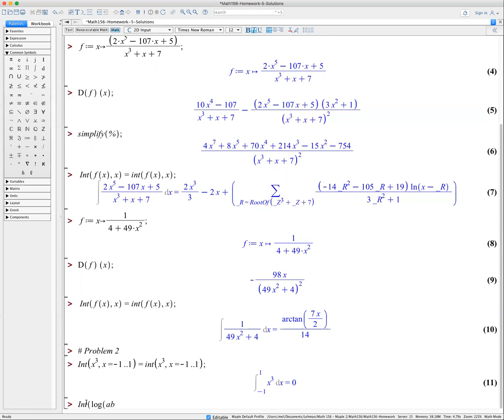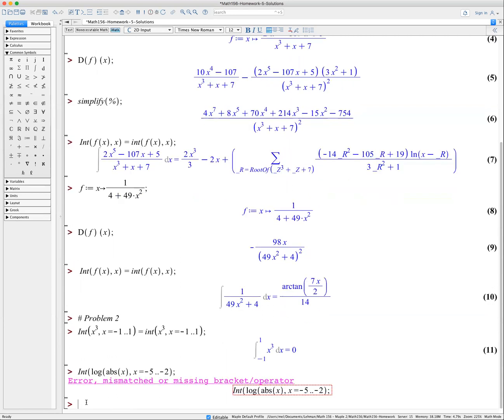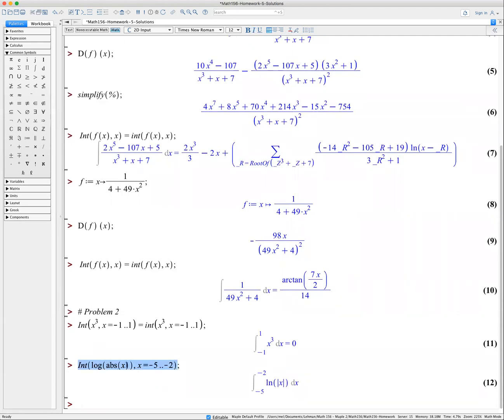So I could write abs for absolute value of x, x goes from -5 to -2. And if we want to know what that actually is equal to, lowercase i, that's what it is equal to.